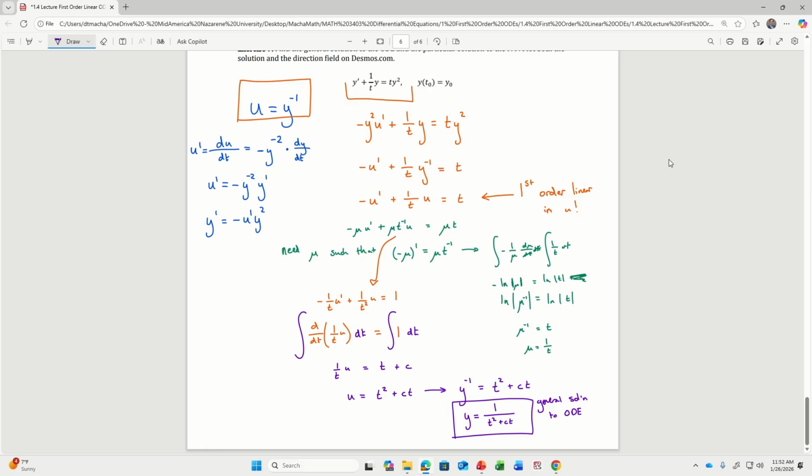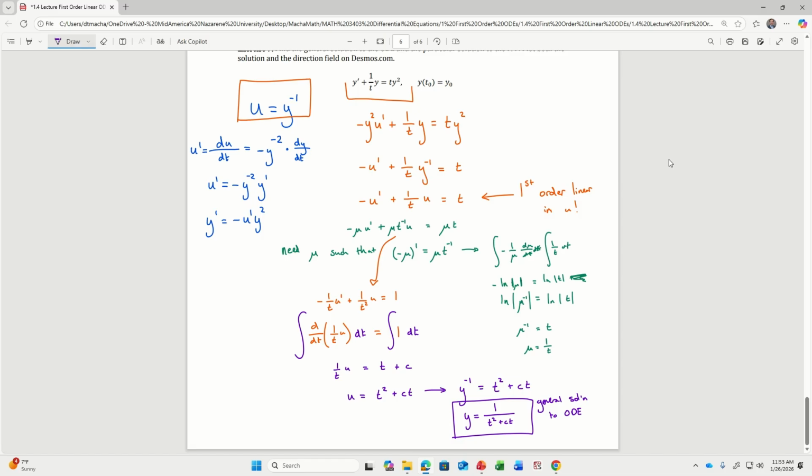You use that then to substitute in for y prime, and then you've got to divide by some power of y to get your equation all in terms of u's. And when you get to this point, it should be first order linear in u. If it's not, then you've made some mistake. Once it's first order linear, then you solve by finding an integrating factor, taking the antiderivative, and so on.